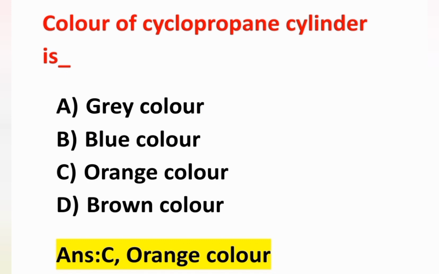Among the remaining options, grey is the color coding of the carbon dioxide cylinder, blue is nitrous oxide, and brown is helium. Here the cyclopropane cylinder is orange.